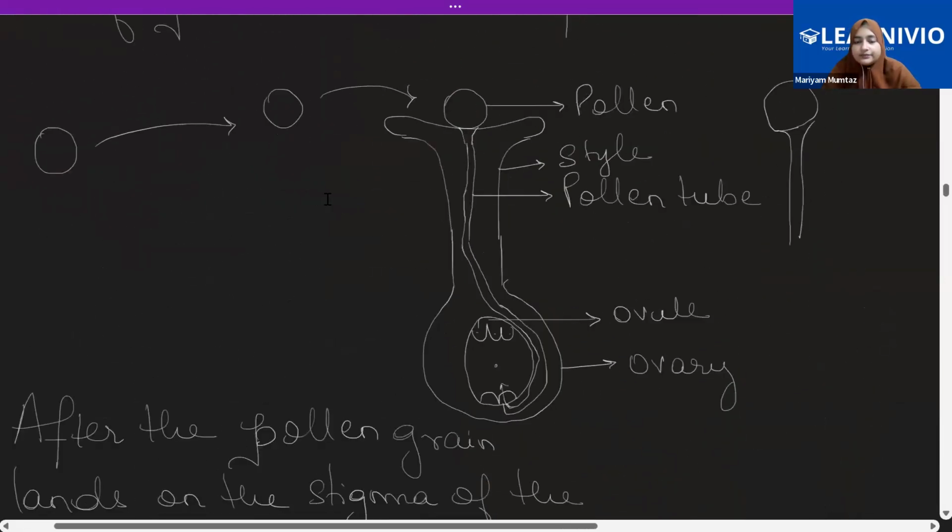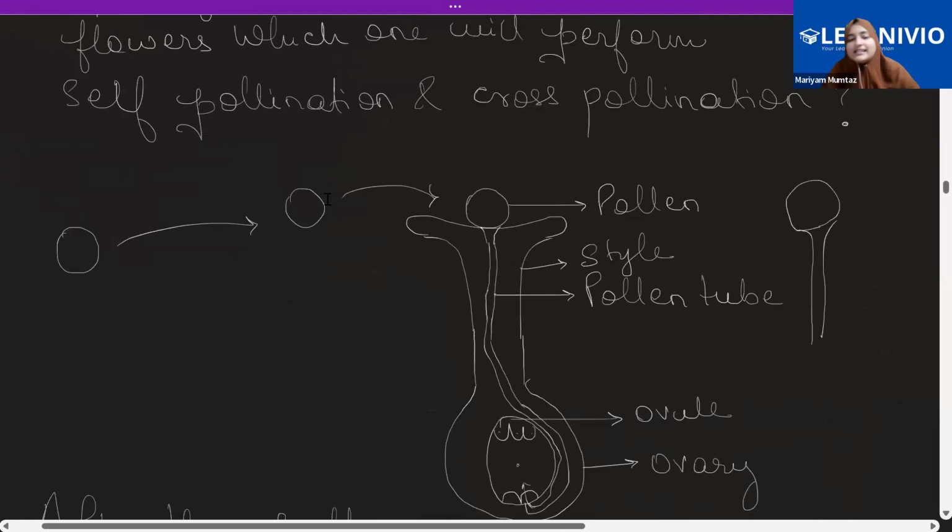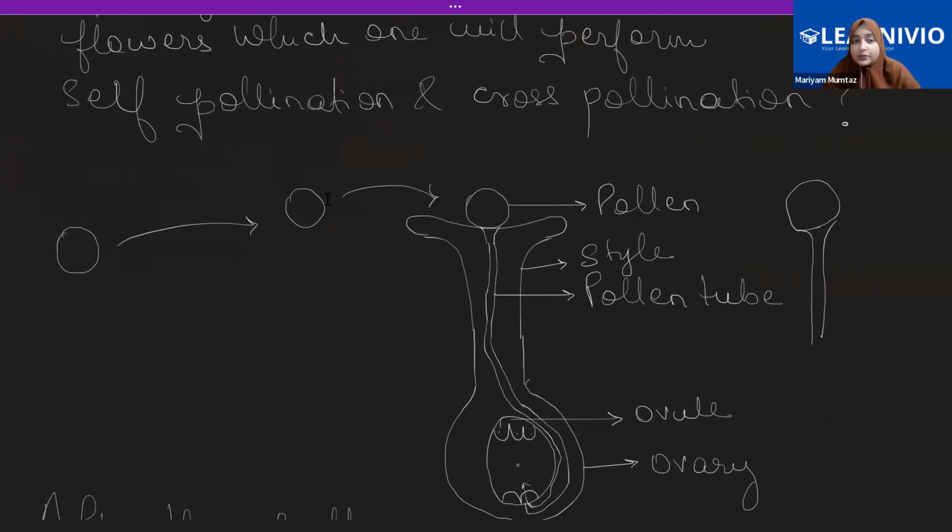Okay. Now, after the pollen grain has landed on the stigma, the stigma will start to recognize whether the pollen grain is its own pollen grain or something that is genetically so different that it is not needed at all. Once it gets accepted by the stigma, then a phenomenon called pollen tube germination takes place.